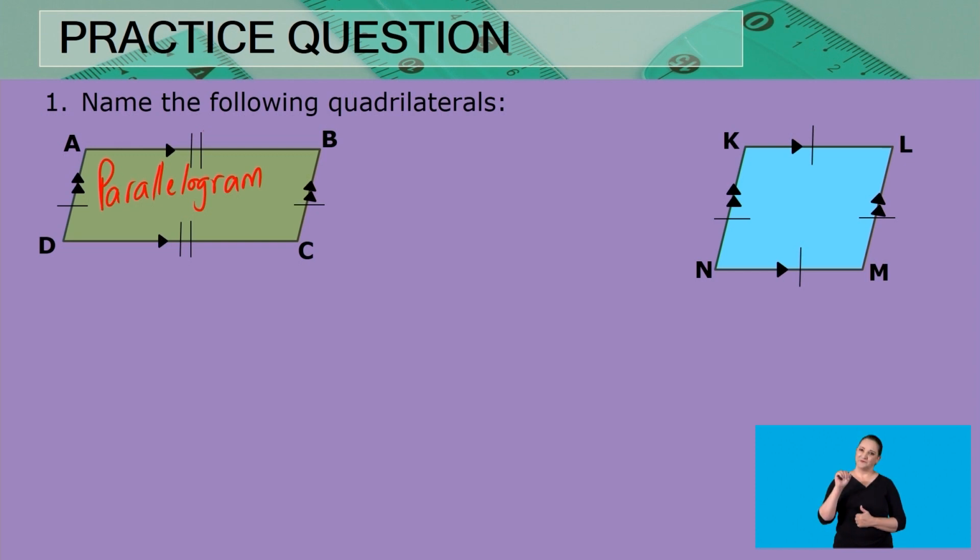Of course, a special parallelogram, which is that rhombus. So we know that with a rhombus, all of the properties that apply for a parallelogram also apply for a rhombus, and we know that because it's a special parallelogram, then we can conclude that it is a rhombus.